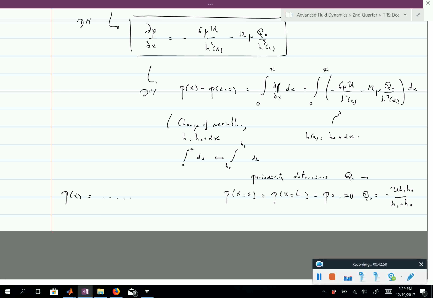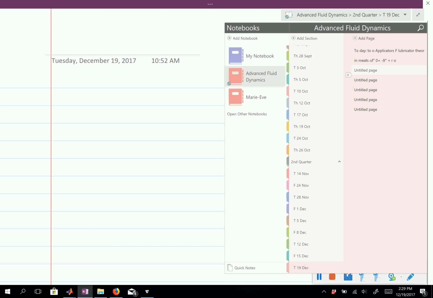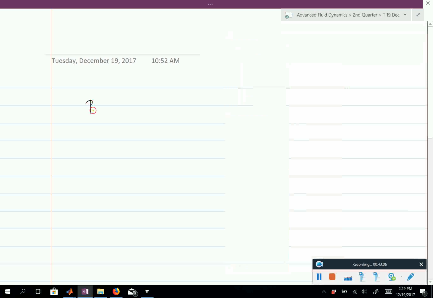Okay, at this point we are almost done. So we can write what the pressure is, and you'll find that the pressure is equal to 6 mu u times alpha, the result from the integral.